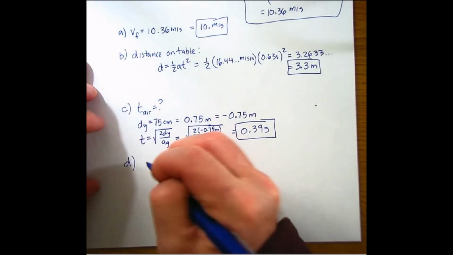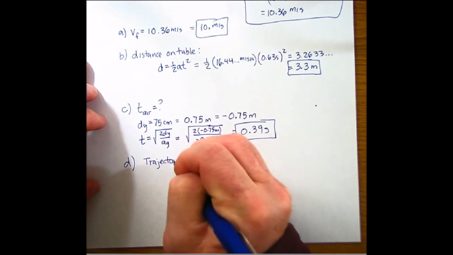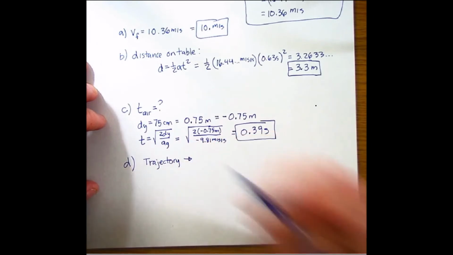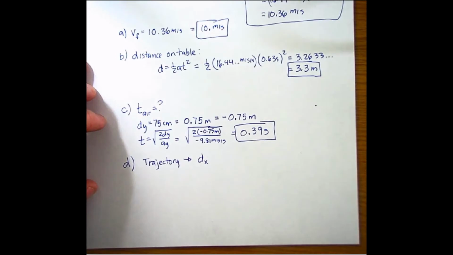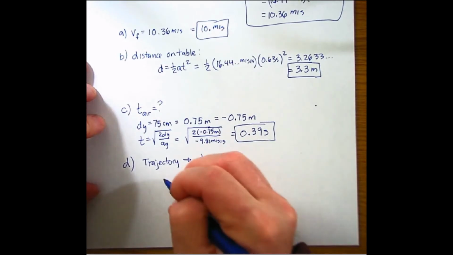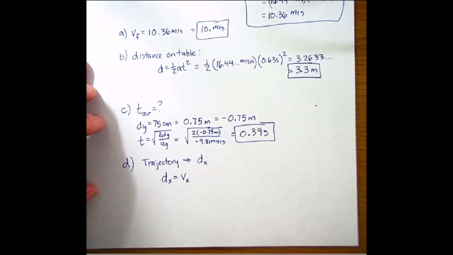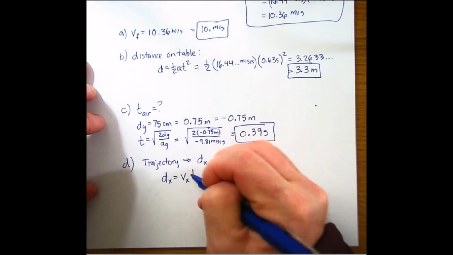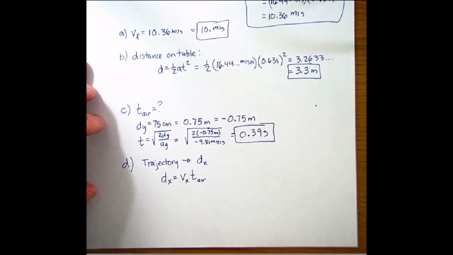So when you're talking about a trajectory problem like this, if I'm asking for horizontal distance, I'm asking for dx. I'm asking for the distance in the x direction. The distance in the x direction depends solely on how fast the object's moving in the x direction and how long it is in the air. So I already have both of these answers.